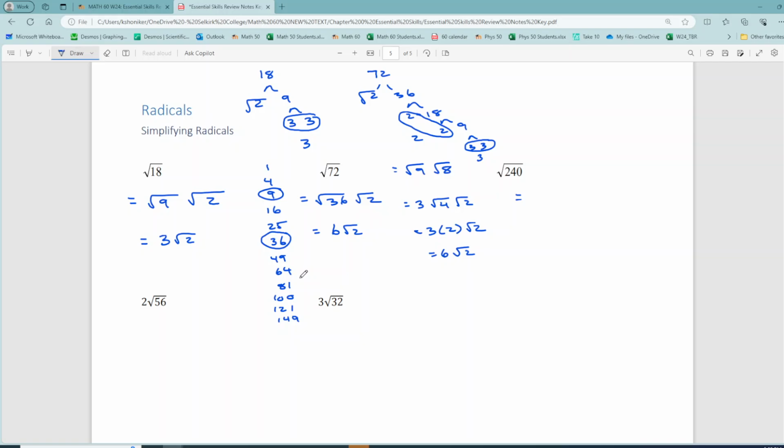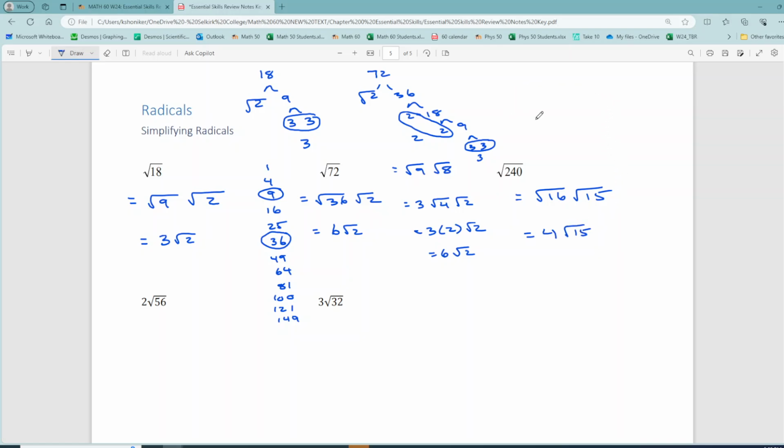Nope. 240, does that divide by 64? Nope. 240 divided by 49? Nope. 240 divided by 36? 240 divided by 25? 240 divided by 16. There we go. So root 16, remainder root 15, which would give you 4 root 15.